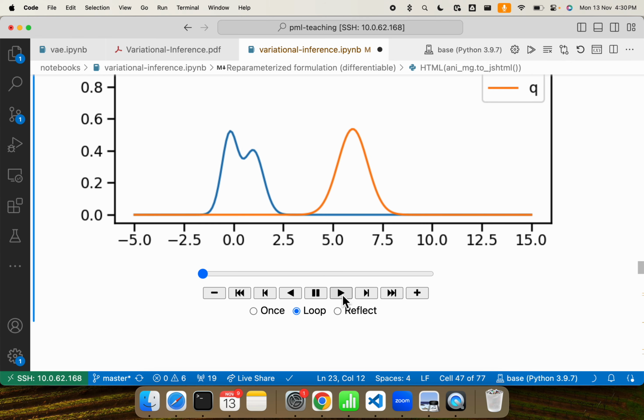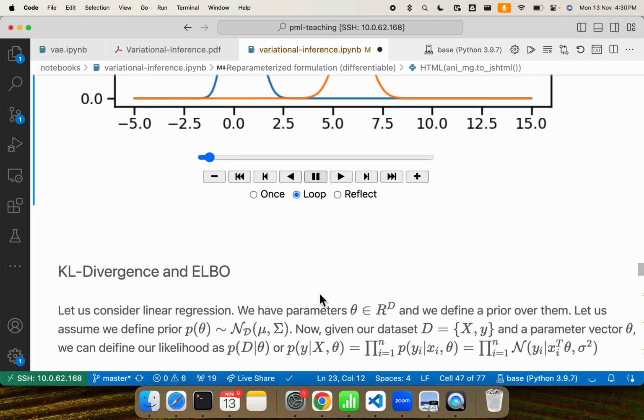You can view it with respect to the animation also. I'm just showing it for a few iterations, not all of them, but you can very clearly see that it's moving towards the distribution of interest.